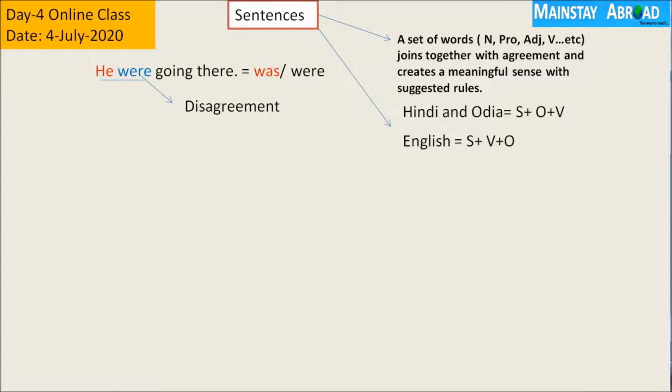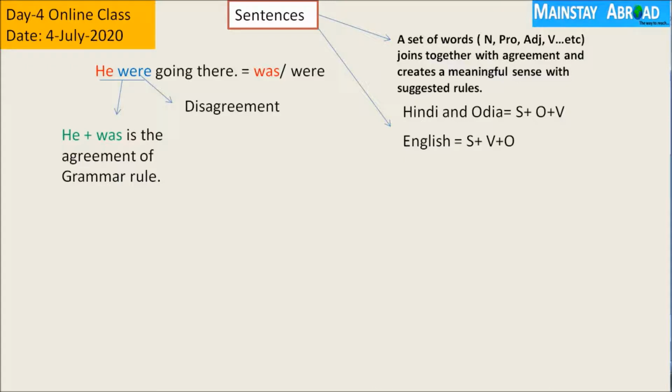We cannot use "were" after "he" because English grammar already suggests otherwise. "He was" is the appropriate form, the agreement of the grammar rule. So the sentence is based on agreement: which words agree with which words, with certain rules and a meaningful sense, can be called a sentence.